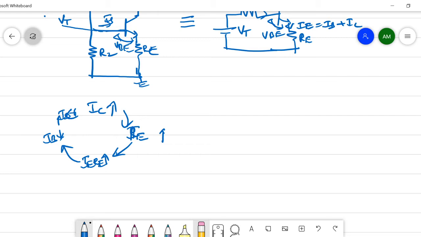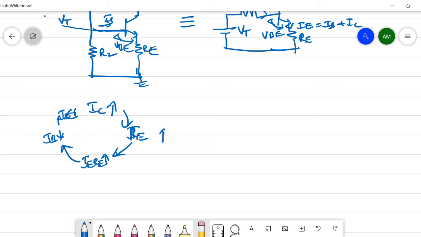When IC is increased due to the increase in ICO with temperature, the current in RE, that is IE, also increases. When IE increases, the voltage drop across RE is increased. When the voltage drop across RE is increased, the base current is decreased. When the base current decreases, automatically the collector current is also reduced. So finally it maintains a constant collector current.